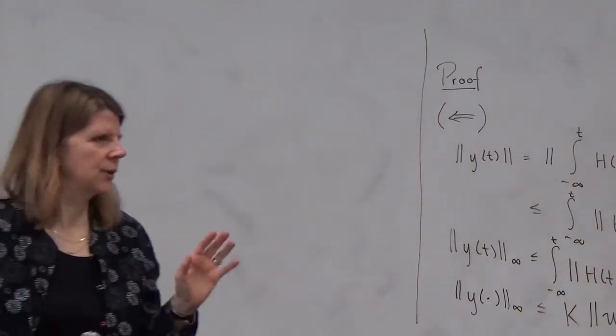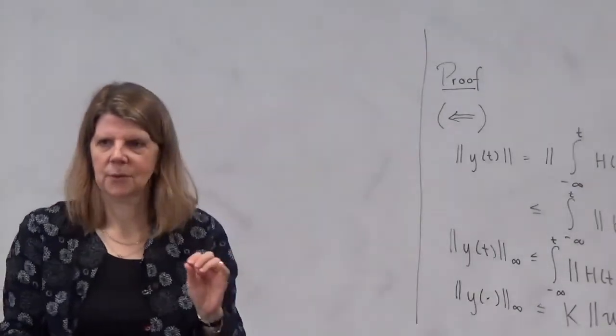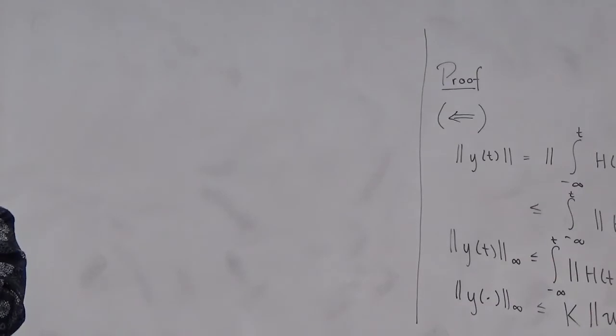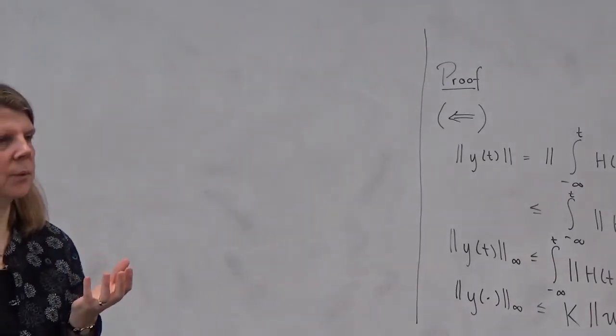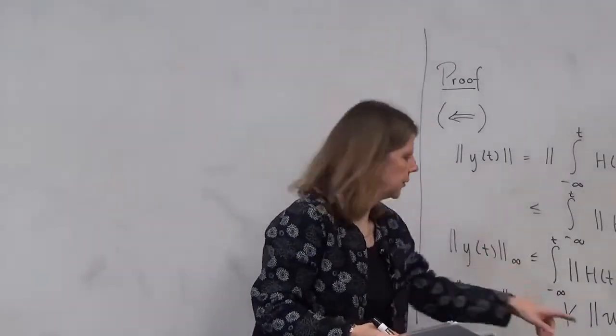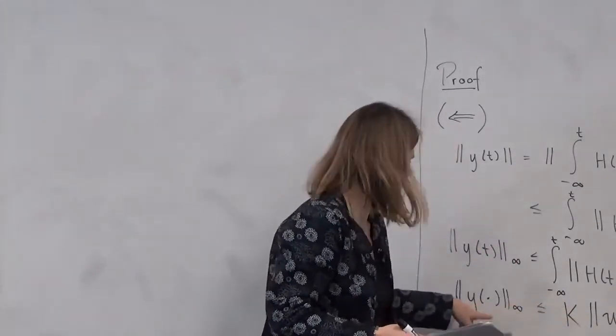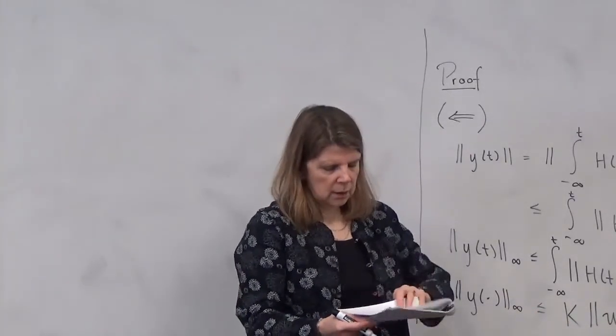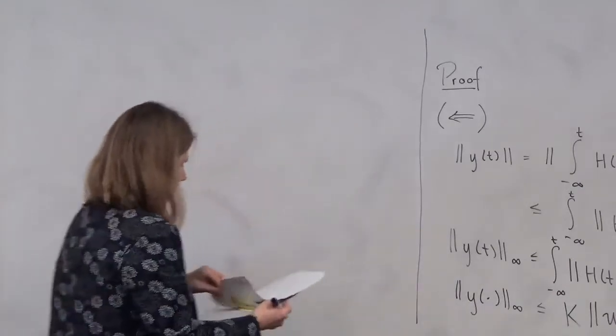Remember at the end of last day's class, I asked what it means to be not bounded input, bounded output stable. There exists an input which is bounded such that for all k, y can't be bounded to be less than k. So let me write this as an aside.